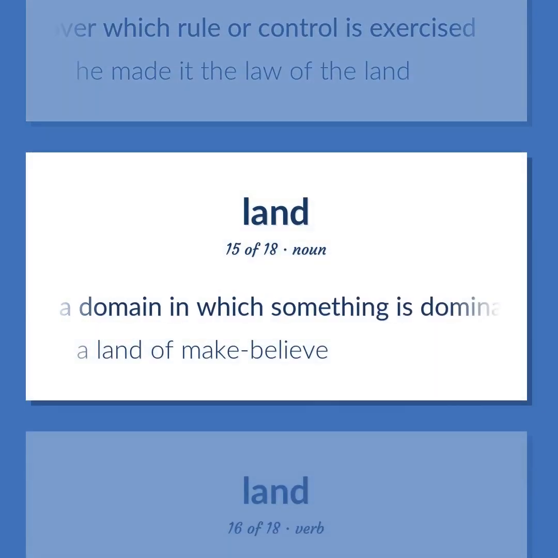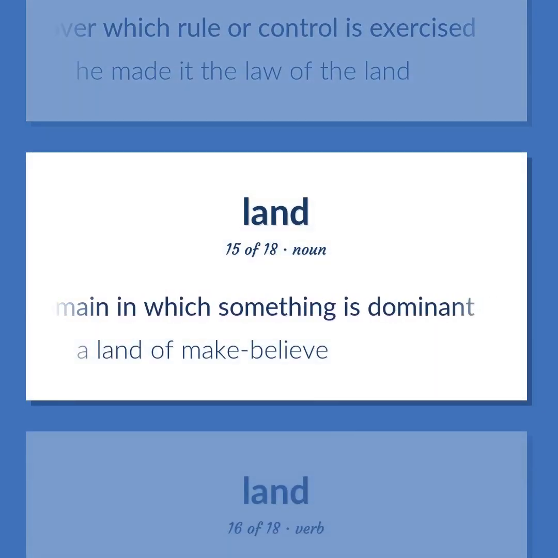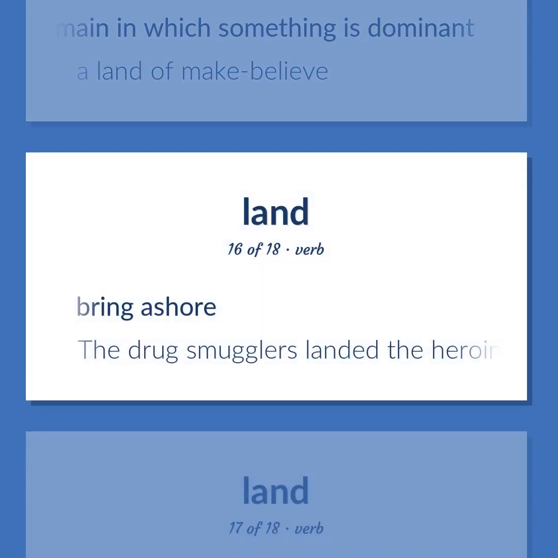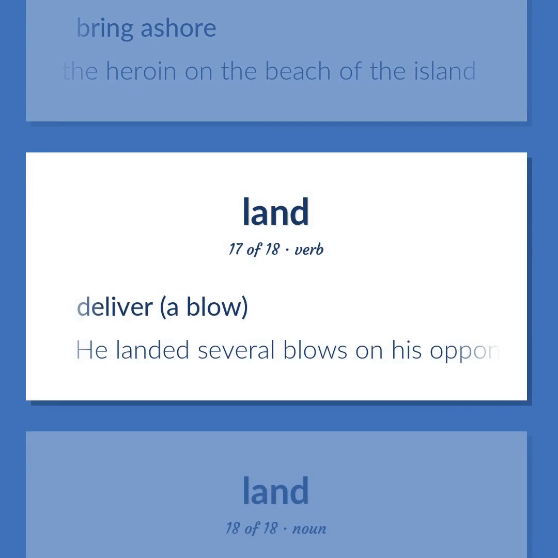A domain in which something is dominant. A land of make-believe. Bring ashore. The drug smugglers landed the heroin on the beach of the island. Deliver a blow. He landed several blows on his opponent's head.